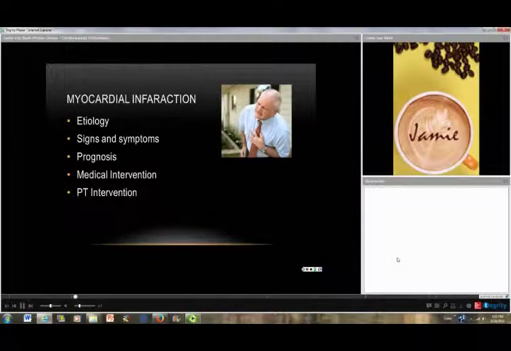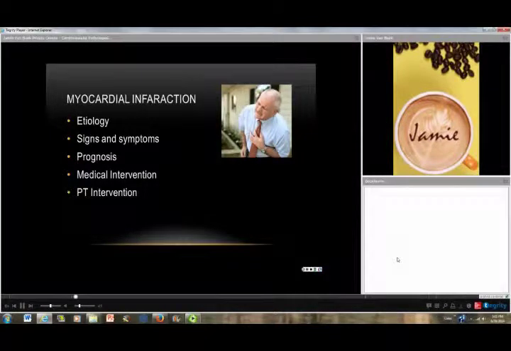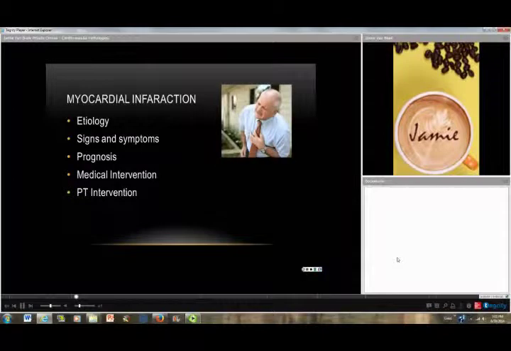It could be a traumatic event such as an electrical shock or drowning. There also could be a predisposition to MI, which includes factors such as heredity, age, obesity, smoking, hypertension, diabetes, a sedentary lifestyle, and high cholesterol and high triglyceride levels.